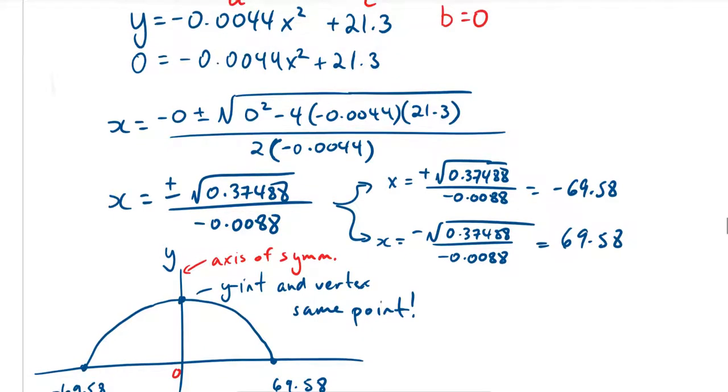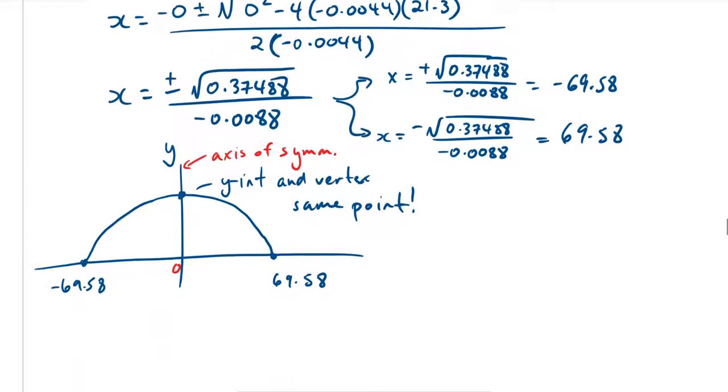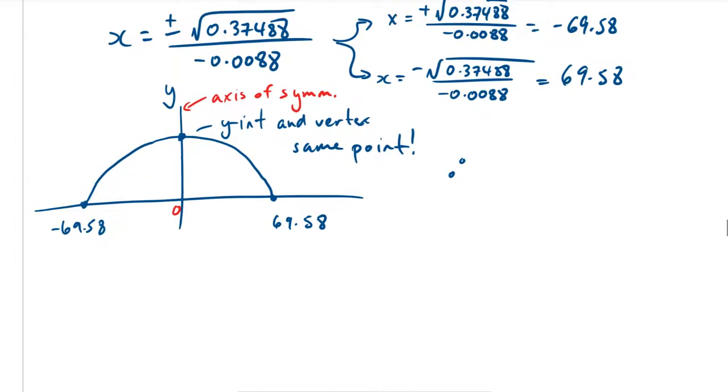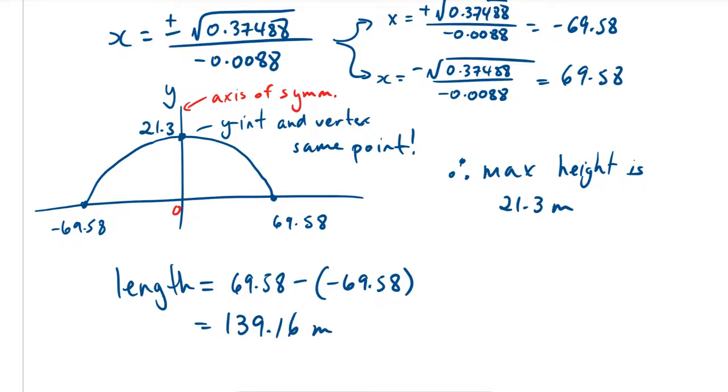If you look at the equation, the c value is my y-intercept, 21.3. So therefore the max height is 21.3 meters. What's the length of the bridge? The length is equal to 69.58 minus the other value, negative 69.58, which is equal to 139.16 meters.